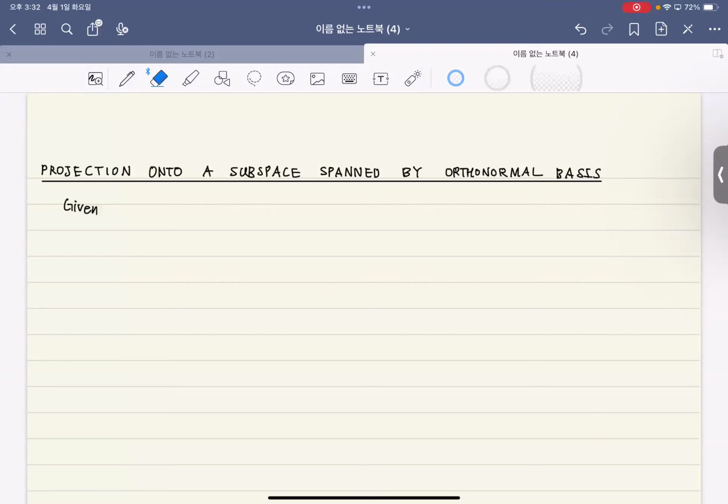So first, let me compare, for any given subspace V, just random basis vectors and orthonormal basis vectors.